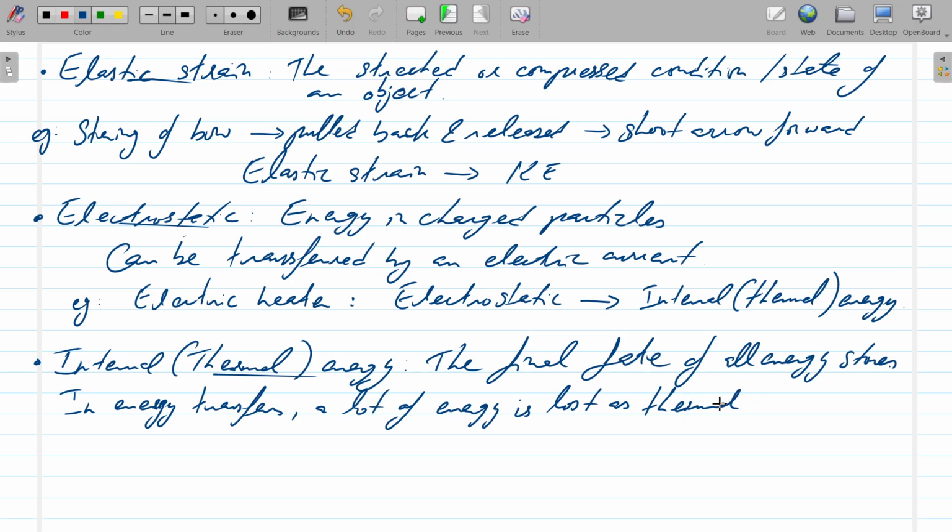Thermal energy. Again, we use the word lost because in that scenario, thermal energy or heat is not something we want, but it is something that we're getting. Unless, like the example of the heater, heat is exactly what we want, and so we're getting it, and that's good.